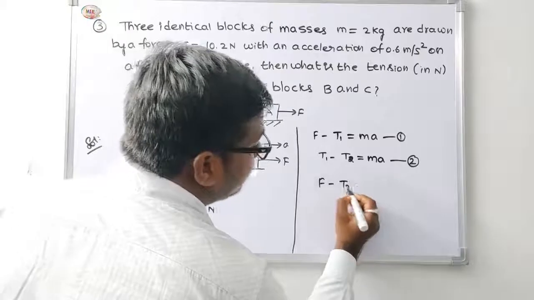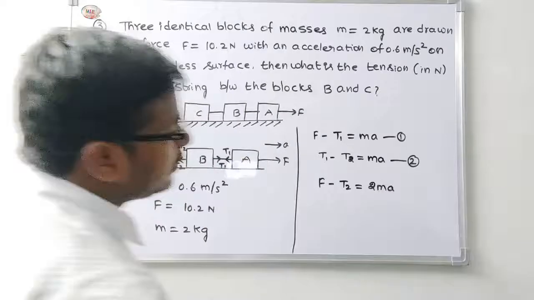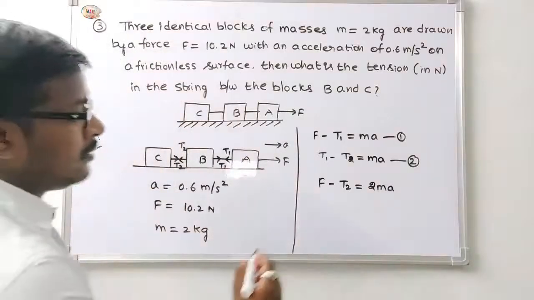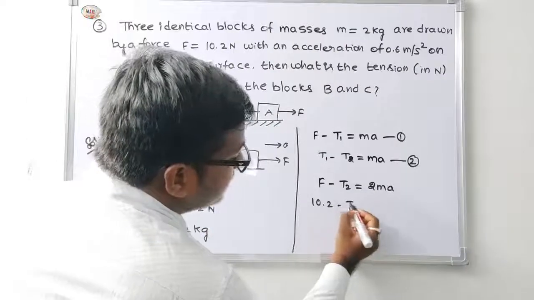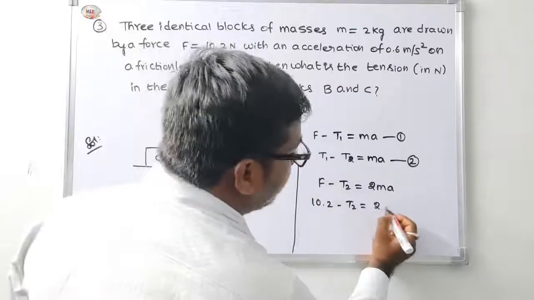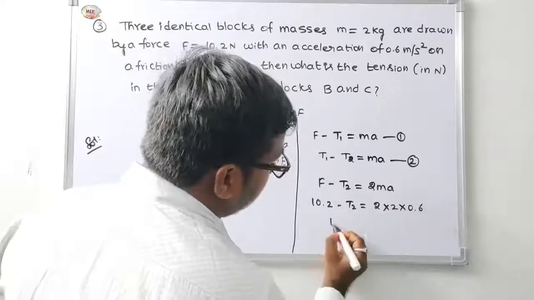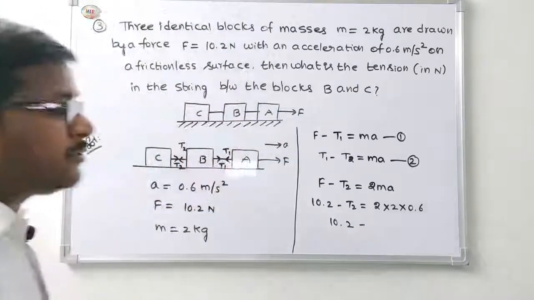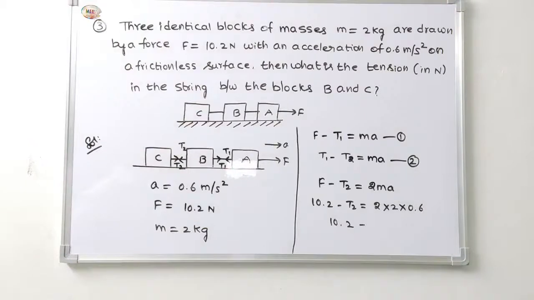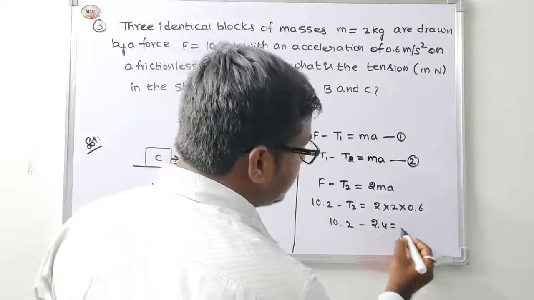F minus T2 is equal to ma plus ma, that is 2ma. Here F is 10.2, so 10.2 minus T2 is equal to 2 into mass 2 kg into 0.6. 10.2 minus 4 into 0.6, that is 2.4, is equal to T2.